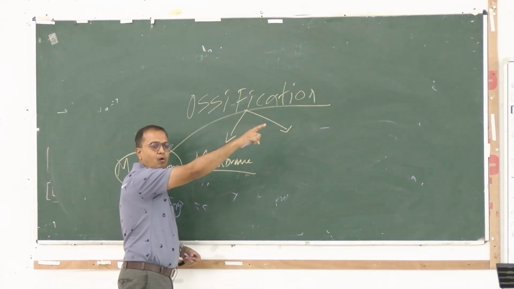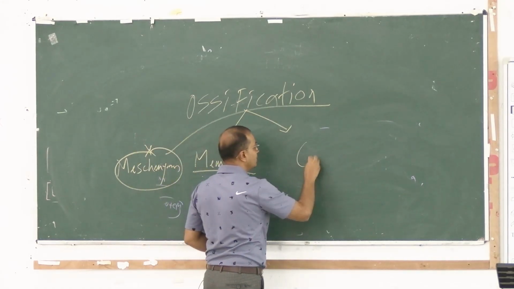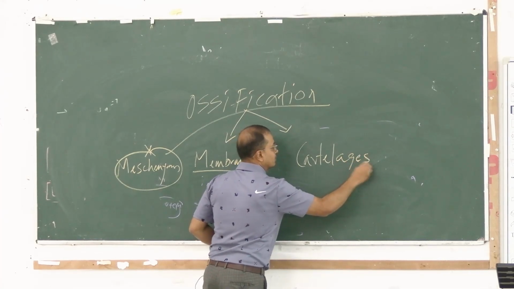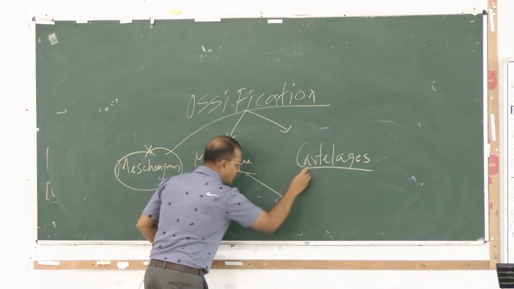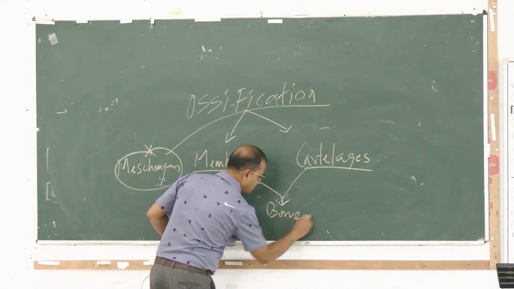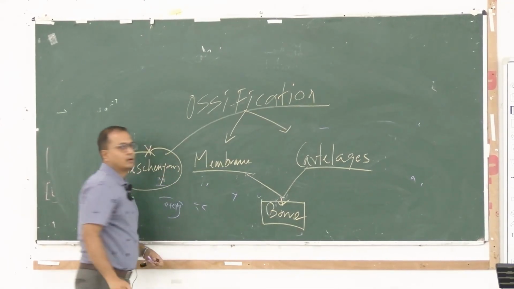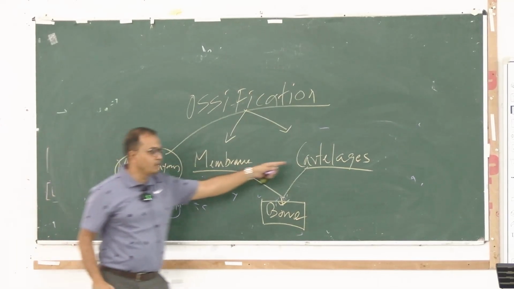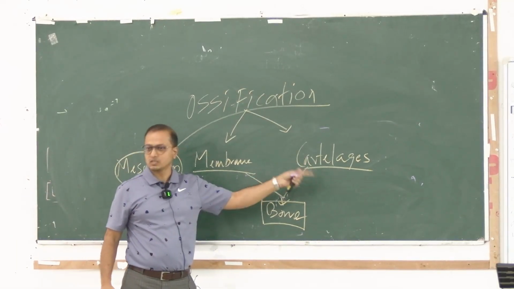Or the bone may be formed from cartilages. So bone may be formed from the membrane or it may be transformed from cartilages.